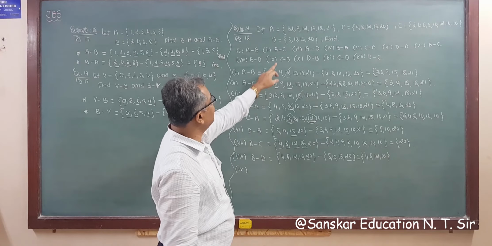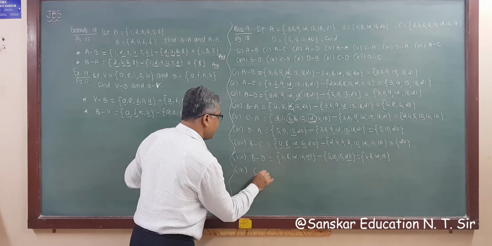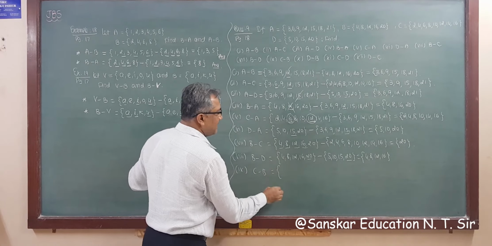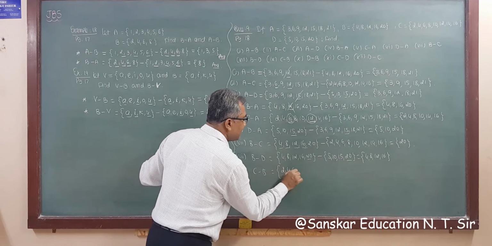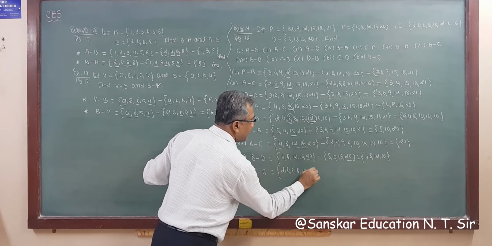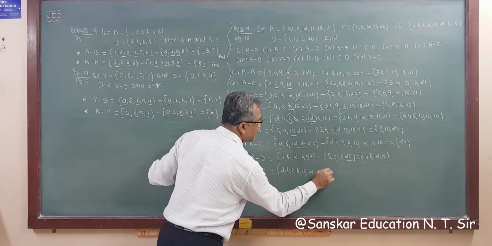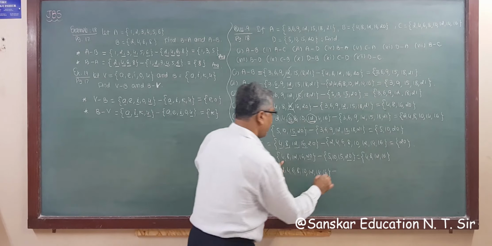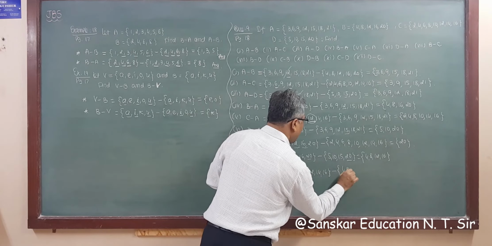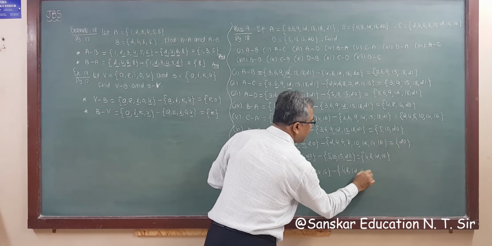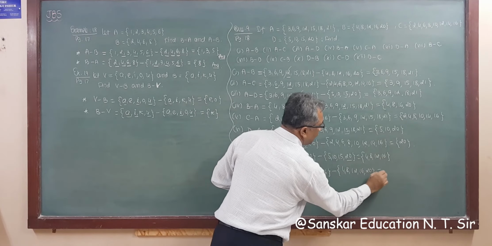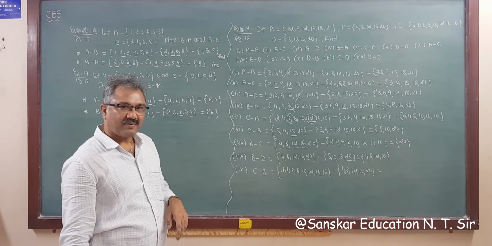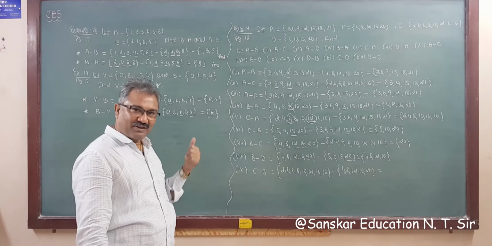Question number 9 is C minus B. C is 2, 4, 6, 8, 10, 12, 14, 16, minus B, which is 4, 8, 12, 16, 20. So the answer will be found by removing the common elements from the first set.